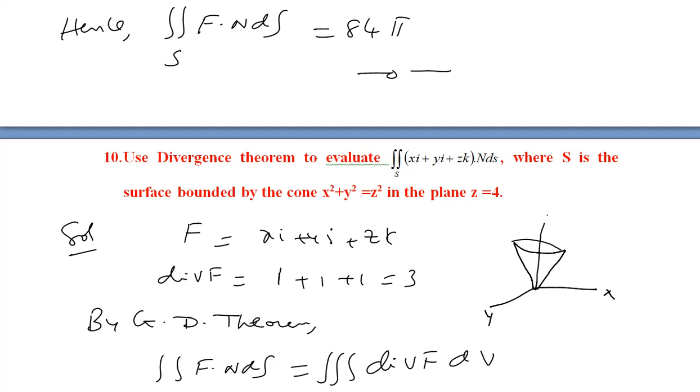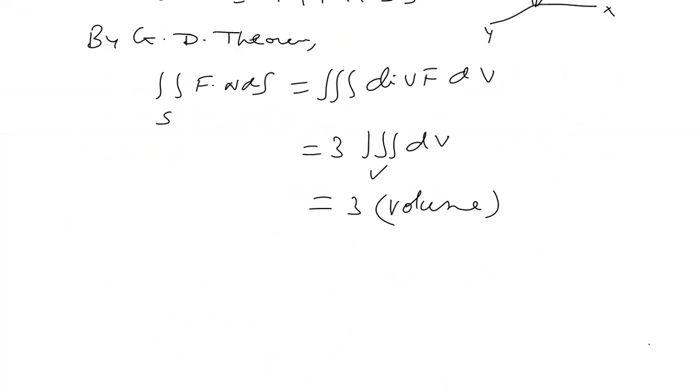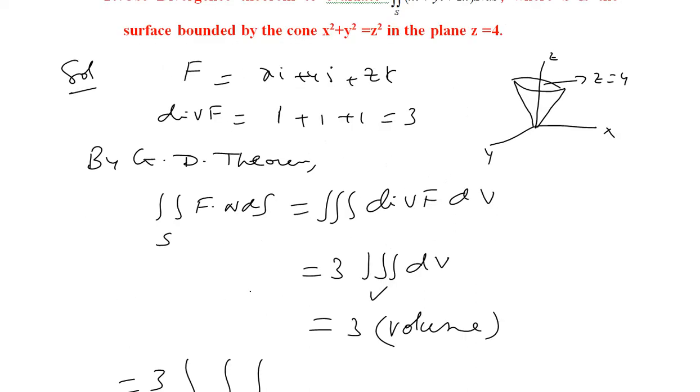Cone. This is z. What is the height? This is a right circular cone. Now what is the height? Height equals 4 units. Here z equals 4. So if you don't know the formula, directly integrate. X limits, z limits 0 to 4.